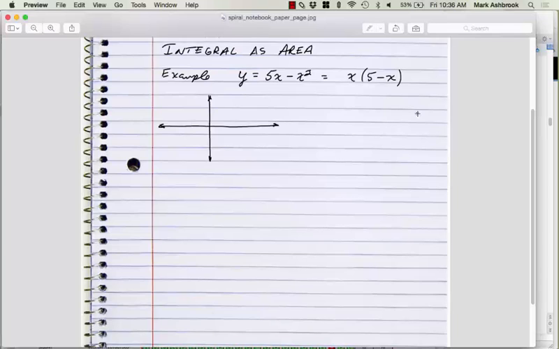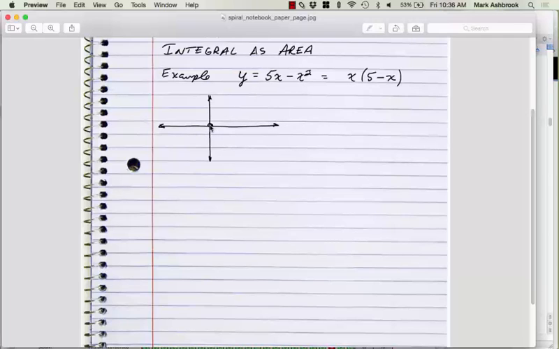So that's some general things. Can we get some specifics? We can find our intercepts. You don't need to solve anything to get the intercepts. What are the intercepts? X equals 0 and 5. If x equals 0, y would be 0, right?